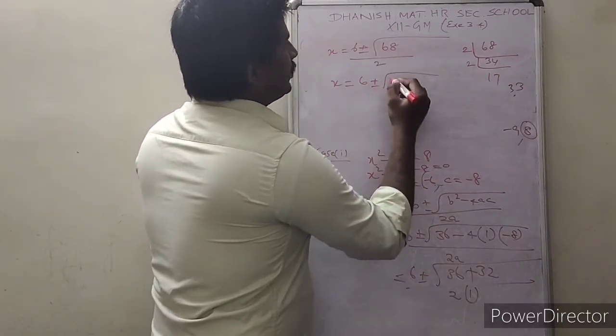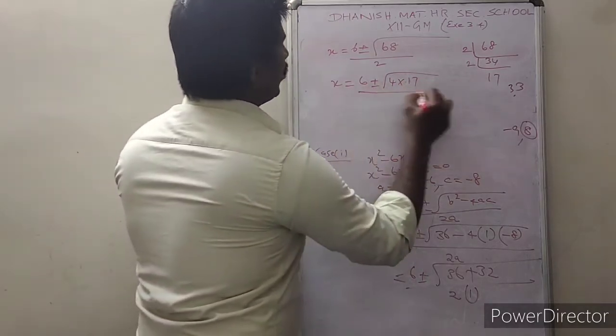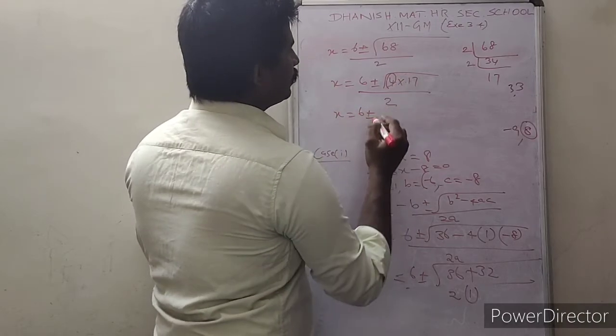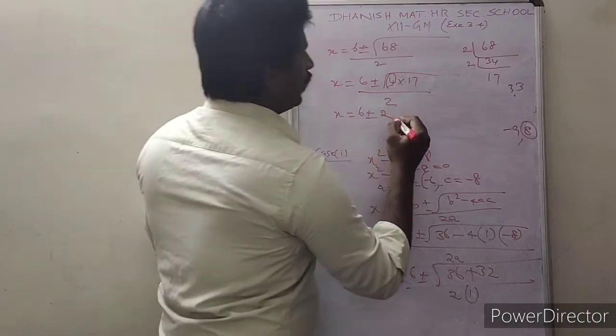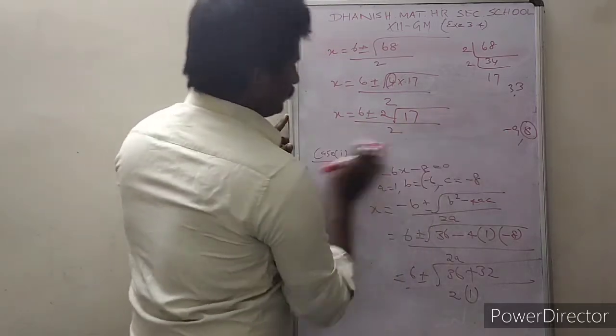We can write 68 as 4 into 17. x equal to 6 plus or minus, for this 4 we can take 2 into root 17, divided by 2.